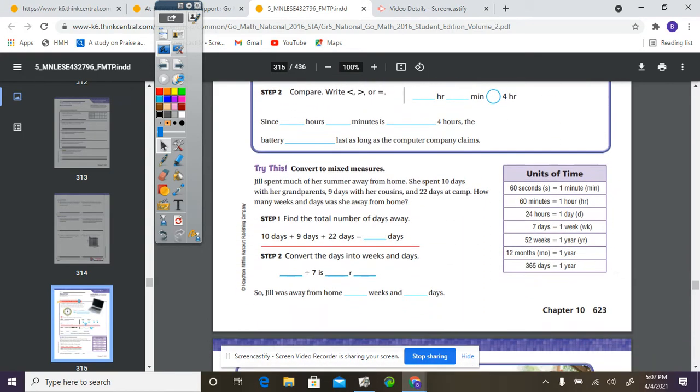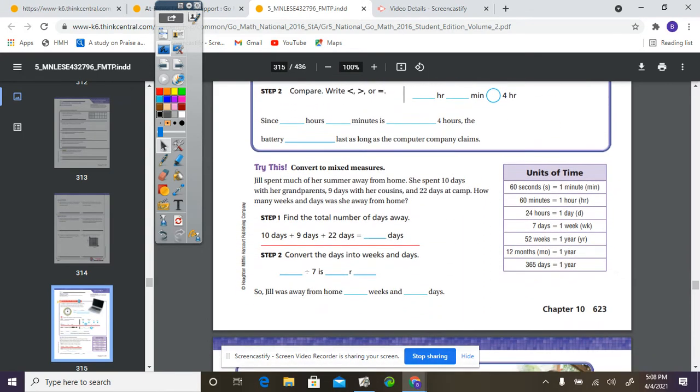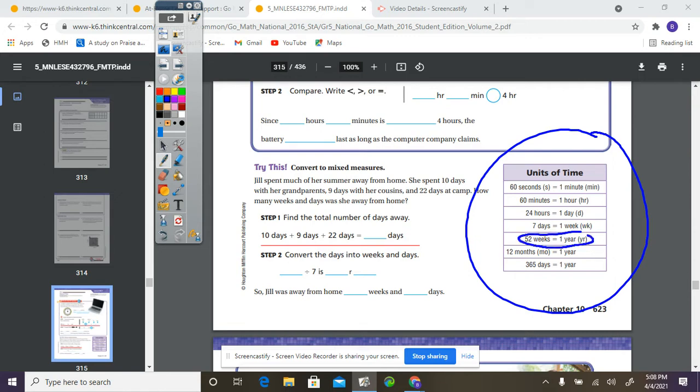So we're going to scroll down. This little section here, you are pretty well familiar with. If you're not, we need to get you well familiar with. There are 60 seconds in 1 minute. There are 60 minutes in 1 hour. There are 24 hours in 1 day. There are 7 days in 1 week. One of the newer things for you might be that there are 52 weeks in 1 year.